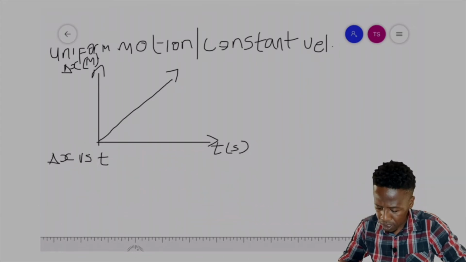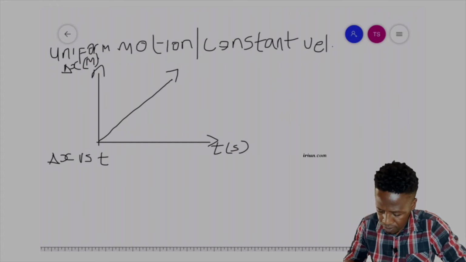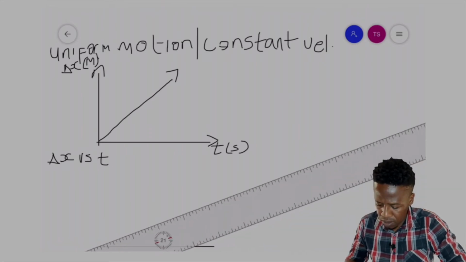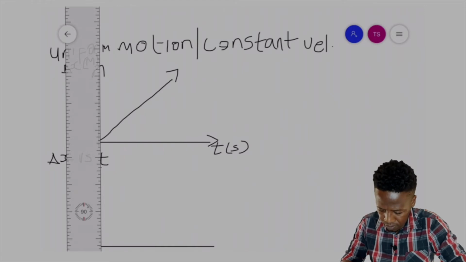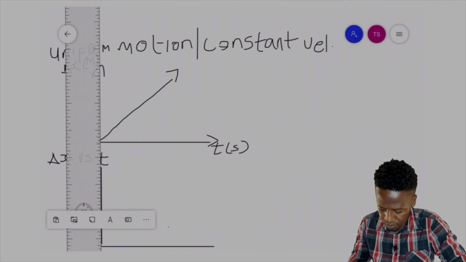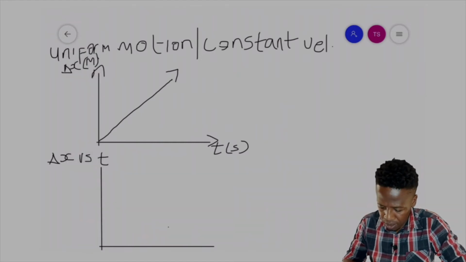Let me just try to write it down here. Velocity versus time graph. This will be my velocity versus time graph.